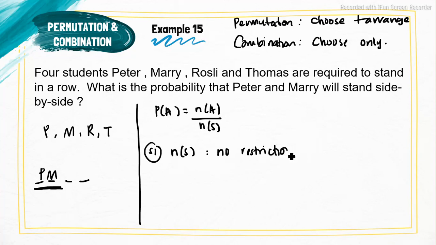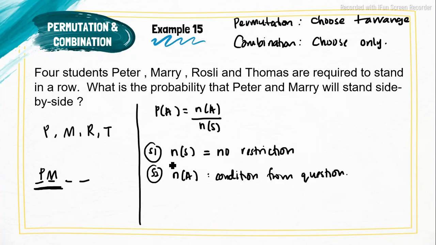Kita akan cari semua tanpa sebarang syarat. That is your number of sample space. Dan step kedua, barulah kita cari NA kita, ikutlah condition apa yang soalan minta kita buat. So, dengan condition from question lah.